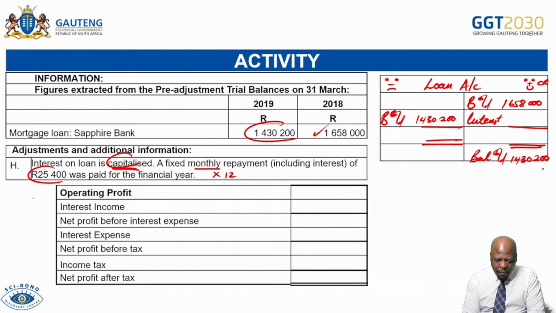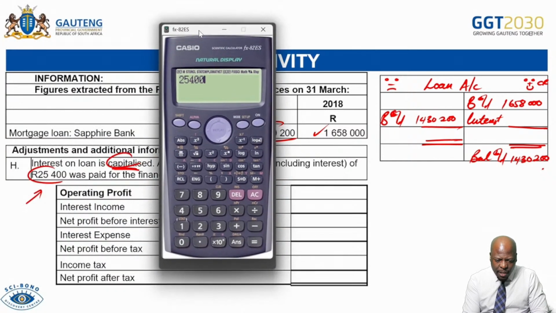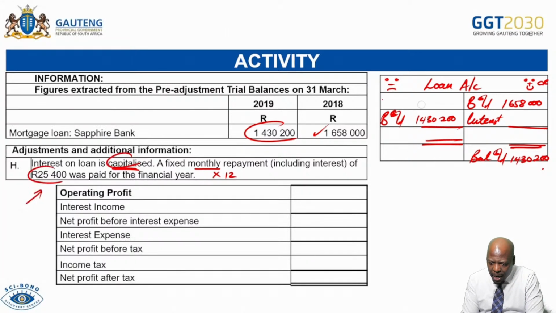Okay. So I now come here and I'm told repayments are 25,400 monthly. So I'll say 25,400. Is that correct? Is that 25.4? Yes, 25.4. Multiply that by 12. That's going to give me 304,800. So I'll say my bank is 304,800. We want to find this interest over here.